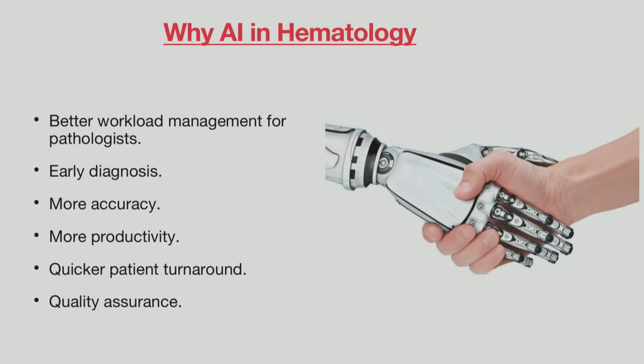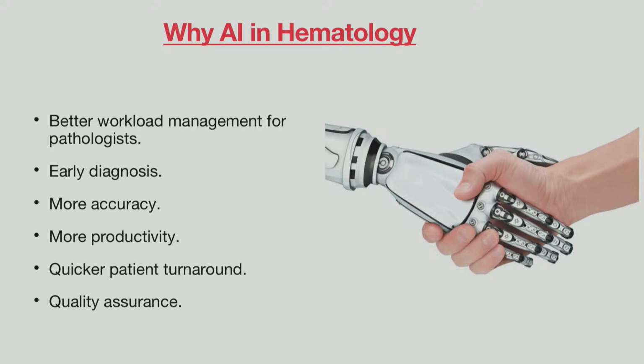In most cases, if the blast is more than 10% or 20%, it will be very easy to detect on the smears. But in a few cases like MRD, or a very low percentage of blasts, like 2 to 3%, it is a challenging task to detect those cells on the smear. And if the person is not skilled or experienced, there is every chance of missing the diagnosis.